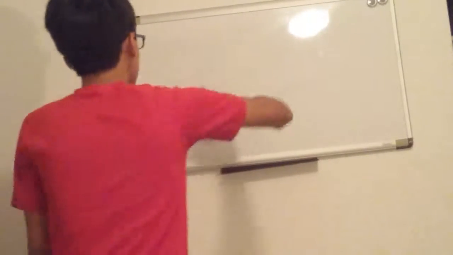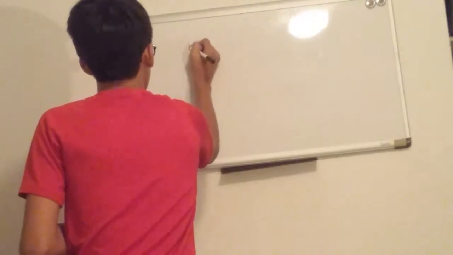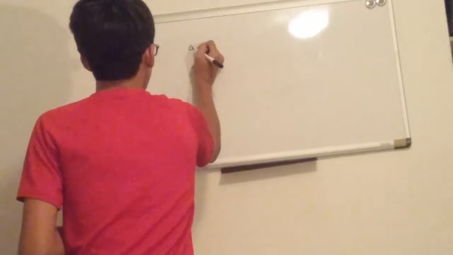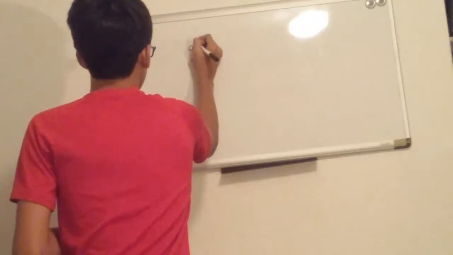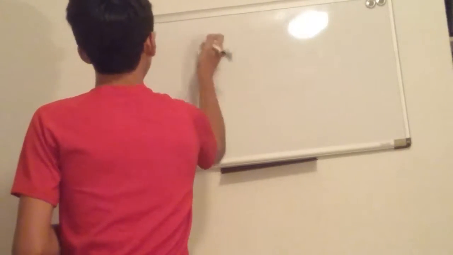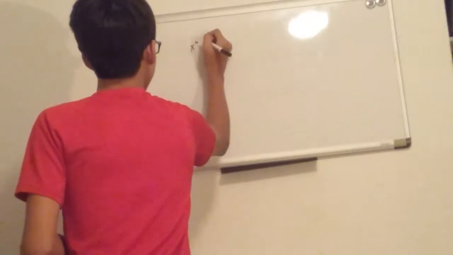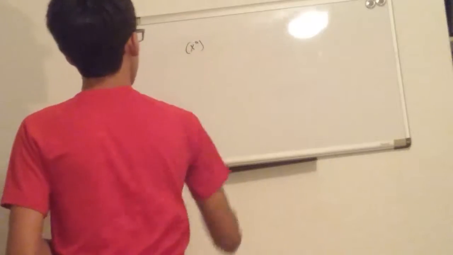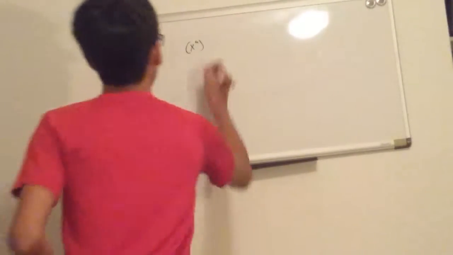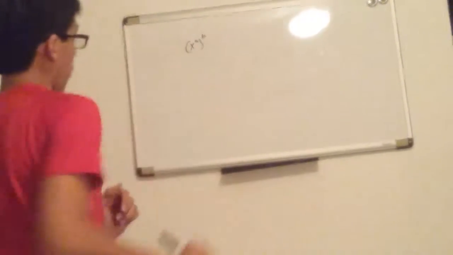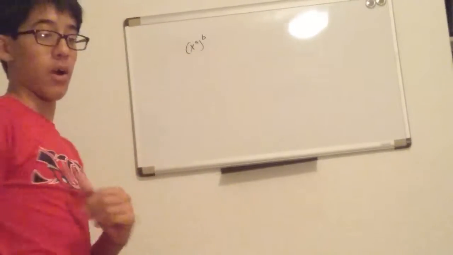Let's do power to a power. Let's do our old friend x. Let's say x is being x to the a power to the b power. So that's power to a power.